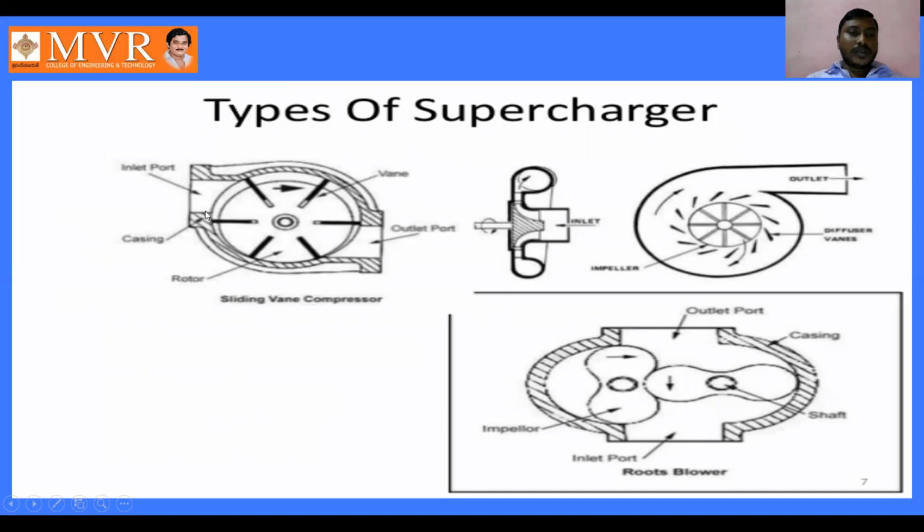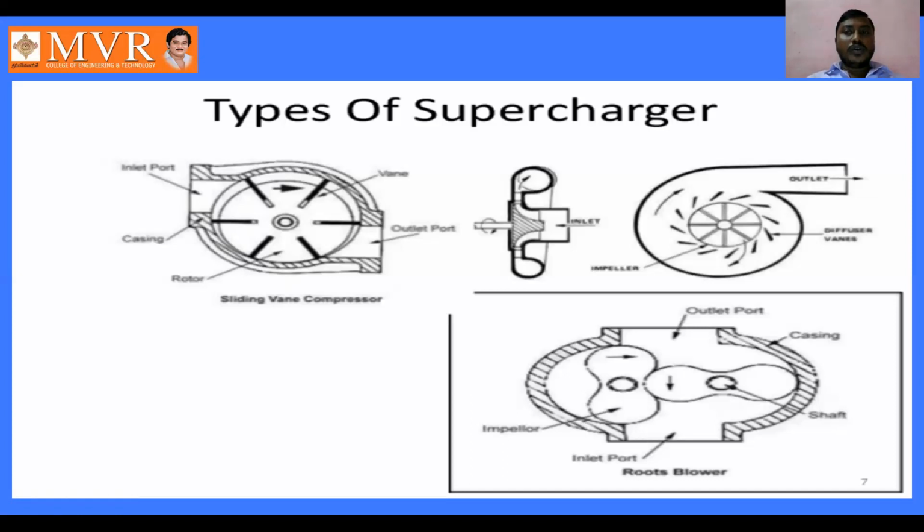The air that has entered is split into two sides and compressed between the rotor and the casing, which gives high pressure.